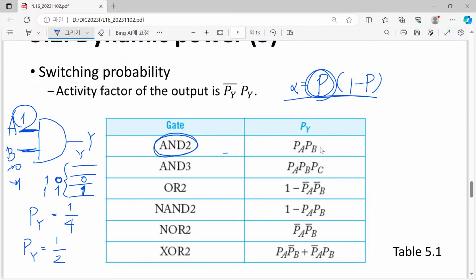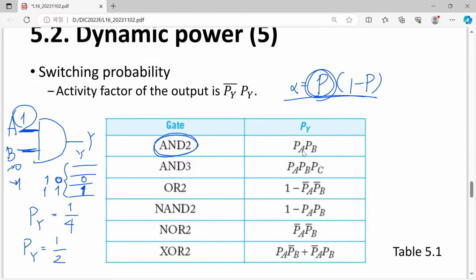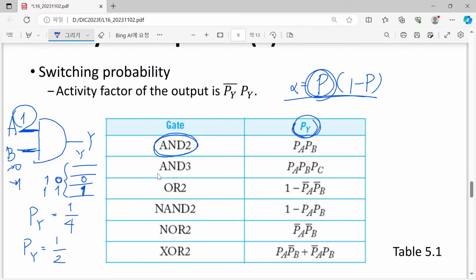You can follow this probability just to follow the arithmetic analysis of our AND gate. An AND gate can be considered as a product of three input variables, A, B, C. Yes, so you can now easily understand.